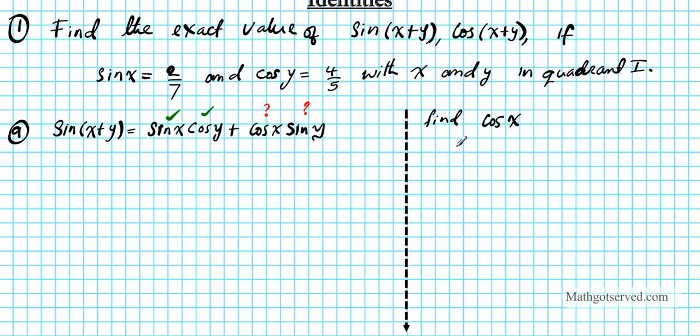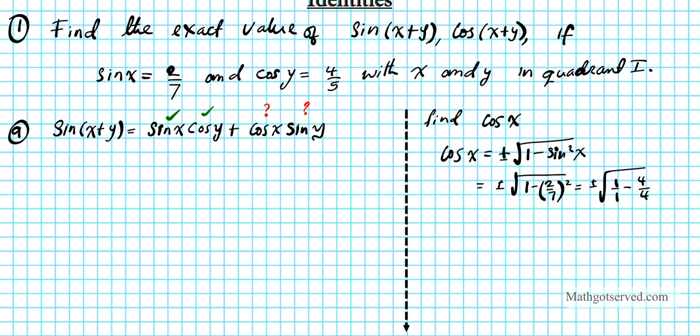To find cosine x, we're going to use the identity cosine x equals plus or minus the square root of 1 minus sine squared x. We know that sine x is 2 over 7, so we plug that in: plus or minus the square root of 1 minus 2 over 7 squared. That becomes 1 minus 4 over 49.